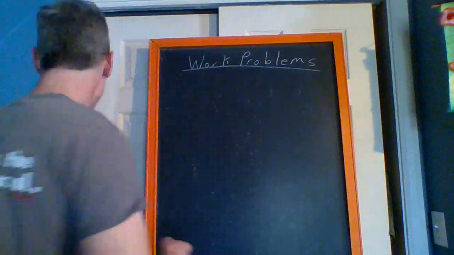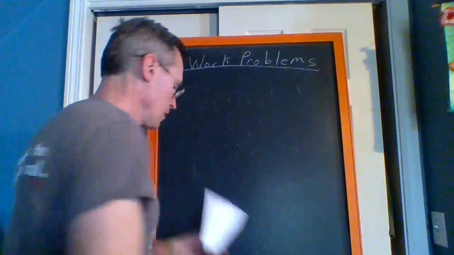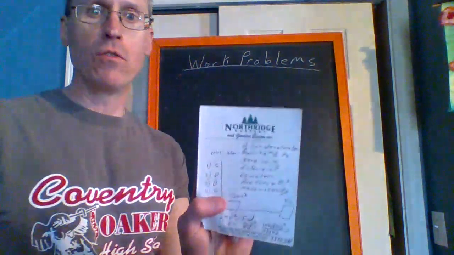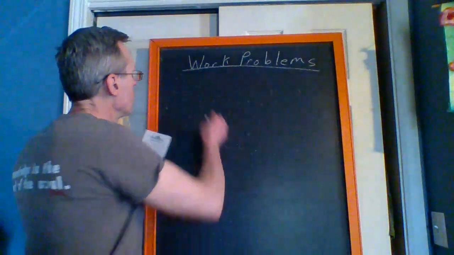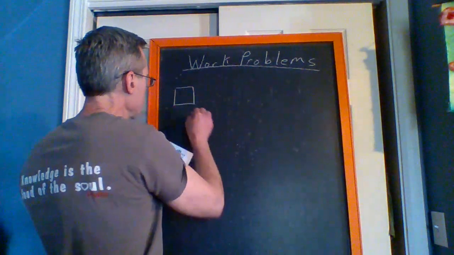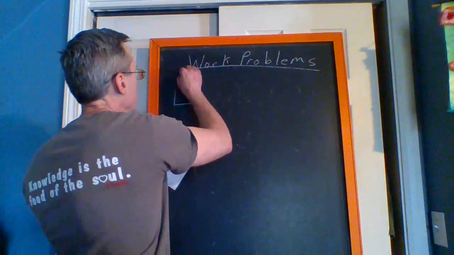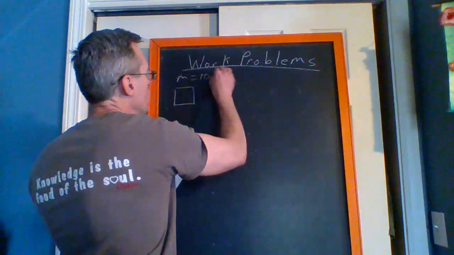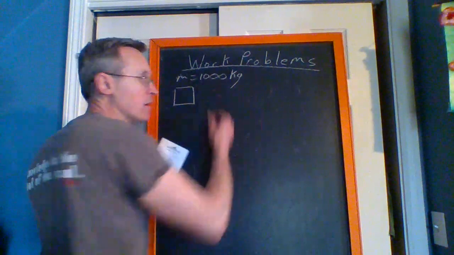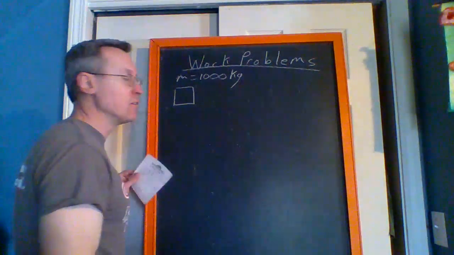So let's say that we have a car. All right, let me get out my official piece of paper. So let's say that we have a car, and the car has a mass of 1,000 kilograms. Okay, good, you guys can see that.